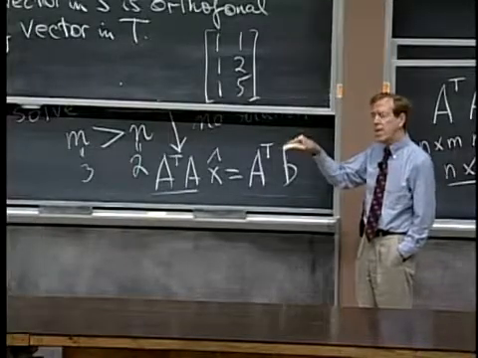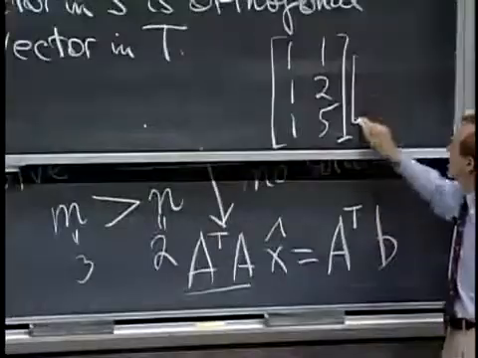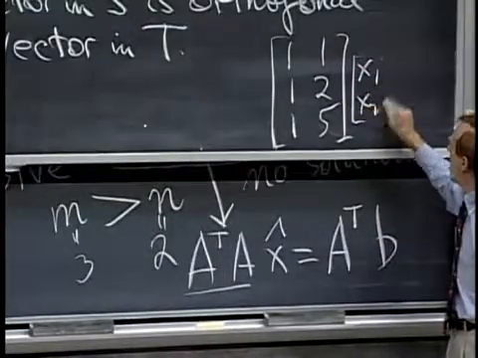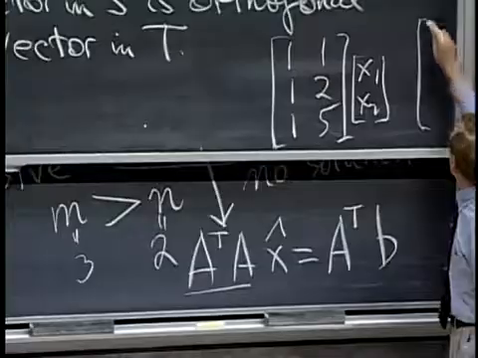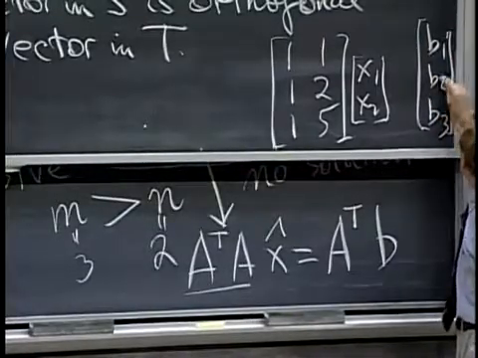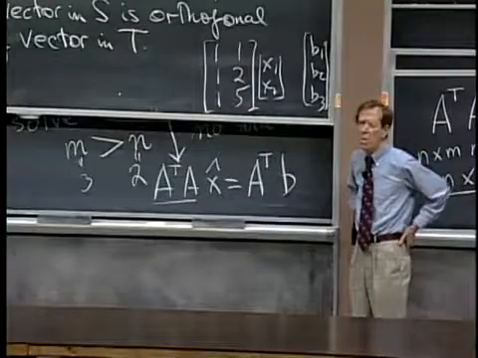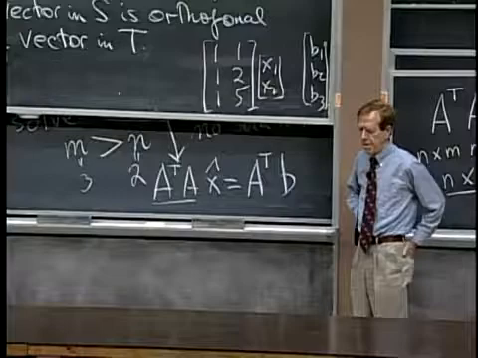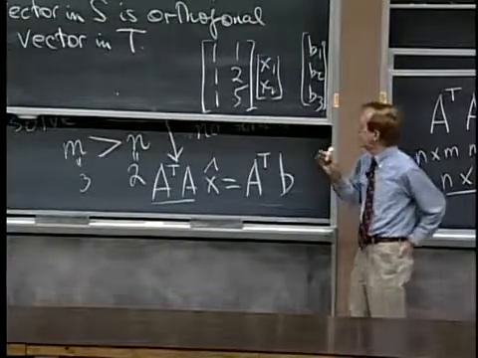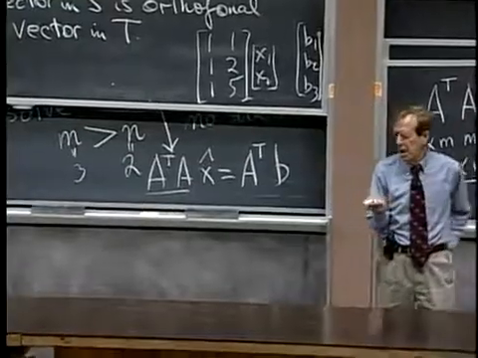Does Ax equal b? If I look at Ax equal b, x is just x1, x2, and b is b1, b2, b3. Do I expect to solve Ax equal b? No way, right? Linear algebra is great, but solving 3 equations with only 2 unknowns, usually we can't do it.